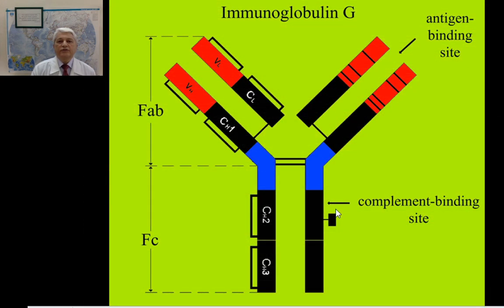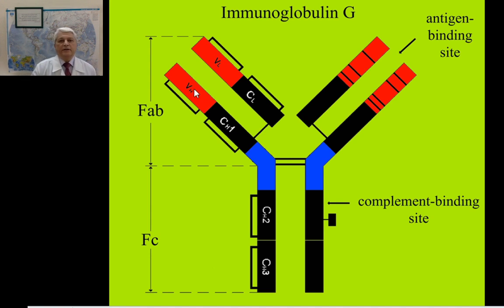Yes, they are shown here, this small black square, and they also interact with the CH2 domain. It is shown here from the outside, but normally, as you have seen on the first drawing, this molecule is more complicated than this scheme, and this carbohydrate is situated between two CH2 domains.